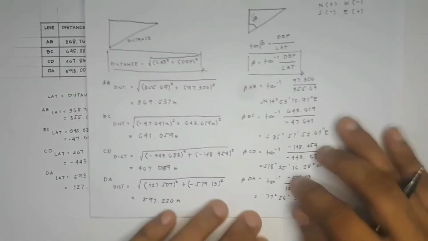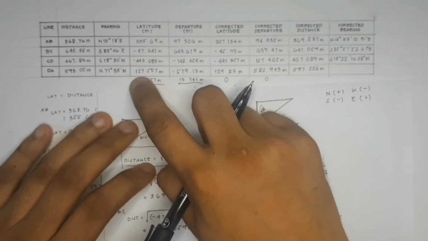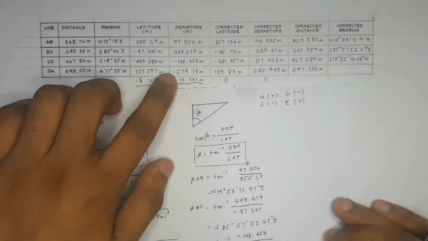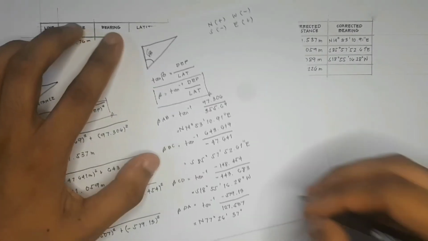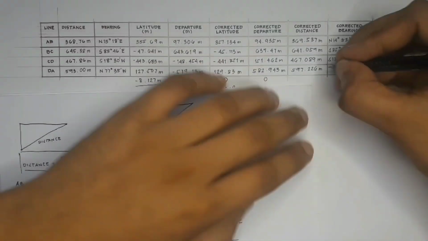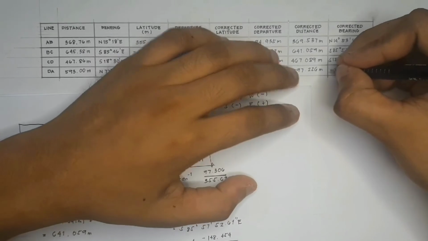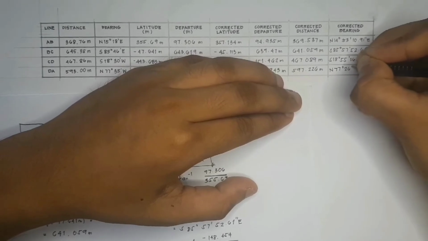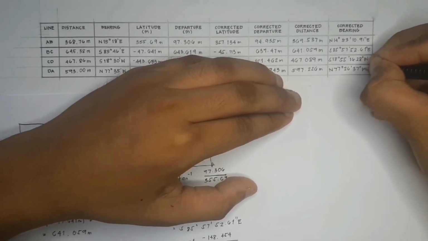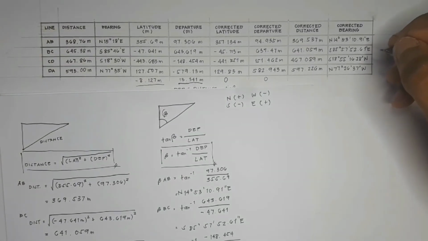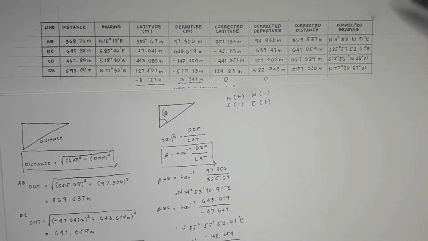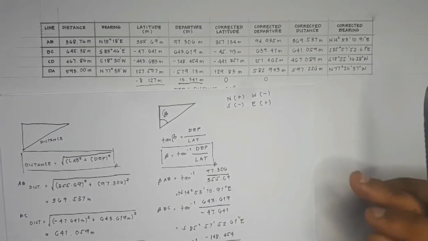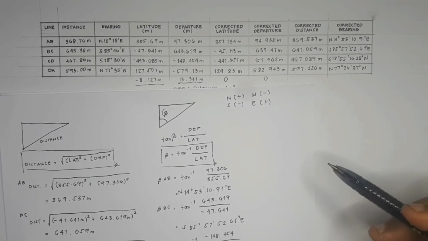For the direction, we have a positive latitude, so this will be north, and we have negative departure, so this will be west. So this is the corrected bearing for line DA: north 77 degrees 26 minutes 37 seconds west. And this will be our newly computed bearing due to our adjustments. So that's how you adjust a closed traverse using the compass rule.